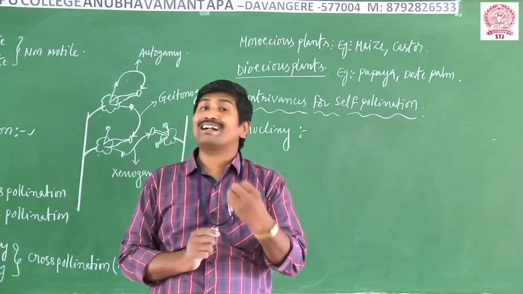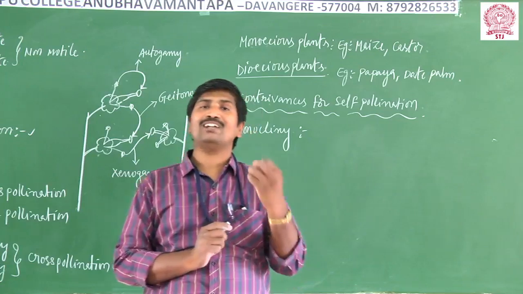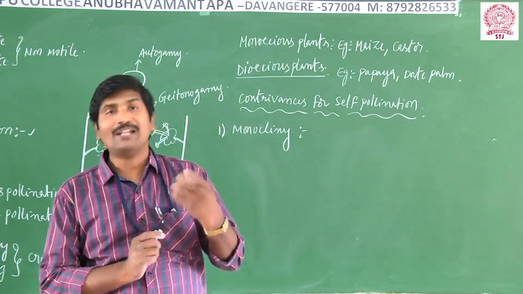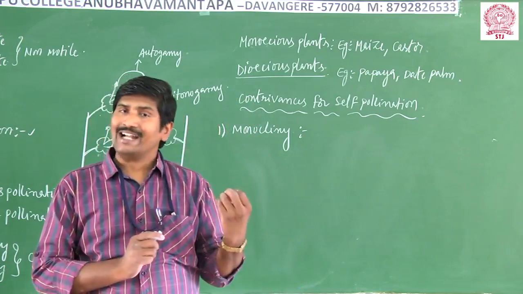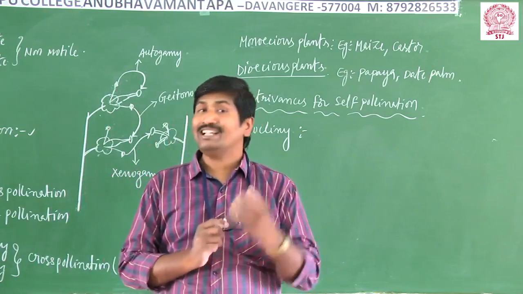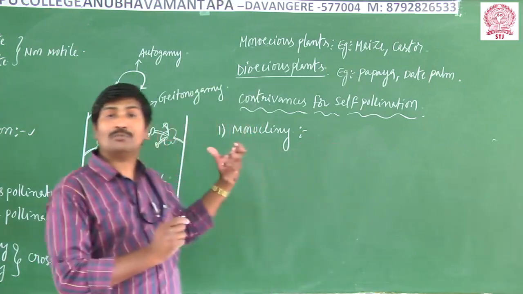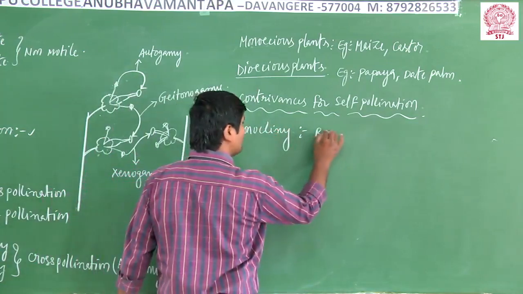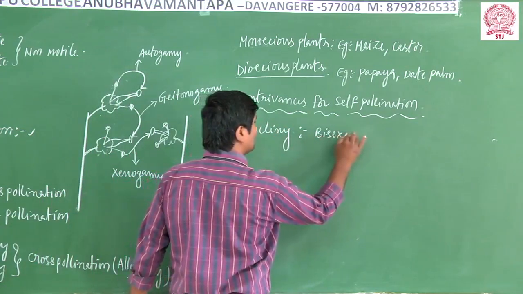The flower contains the male and female reproductive organs. What are the male and female reproductive organs? That is androecium and gynoecium. The androecium and gynoecium both are present in a single flower, that is known as a bisexual flower.